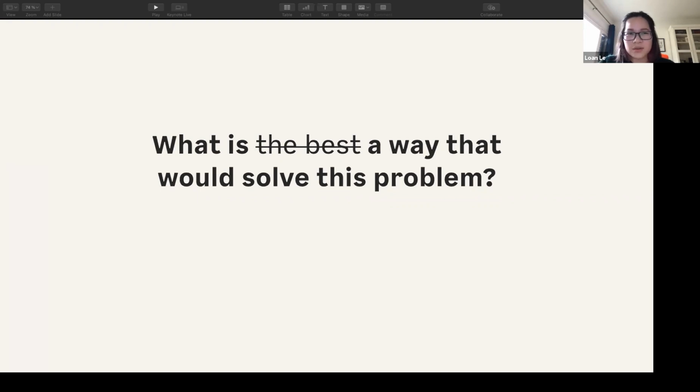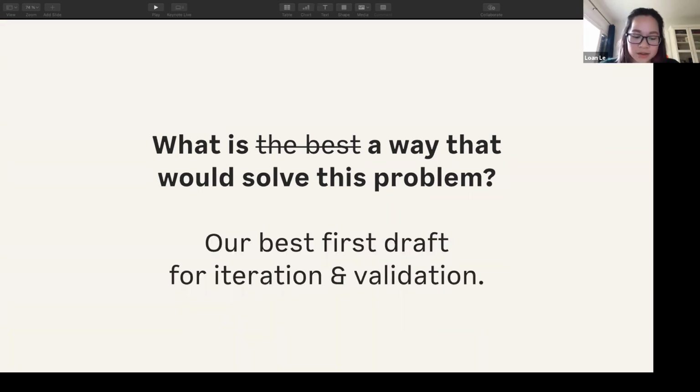At this point, you might want to revisit your business objective and context canvas to remind yourself what objective you're aiming at. And remember, this is not the description of your final concept, but rather your best first draft.